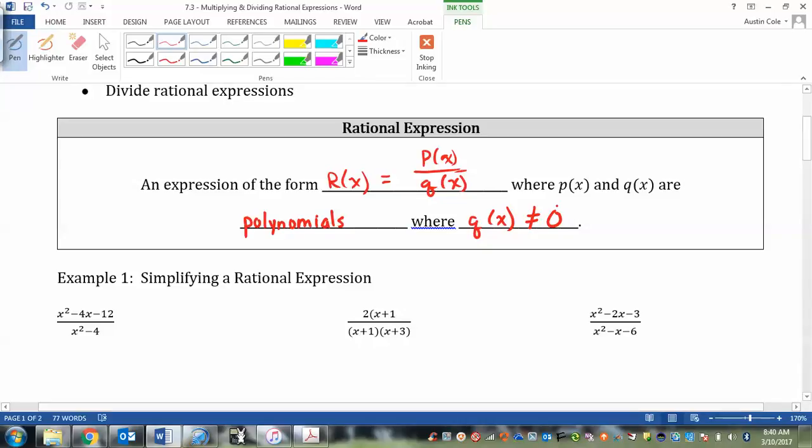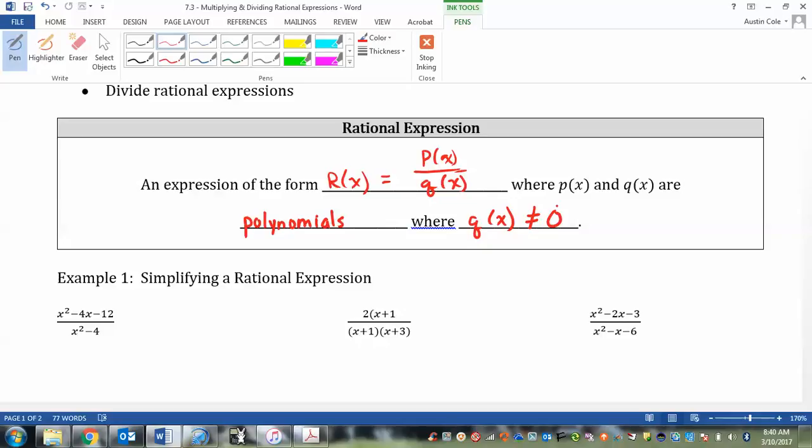Okay, so I've got this function, p of x over q of x, and it says that p of x and q of x are polynomials. Again, a polynomial is a number, a variable, or a number times a variable, or multiple of those added together. Polynomials where q of x cannot equal 0. Guys, we can't have 0 in the denominator of a fraction because we can't divide by 0.